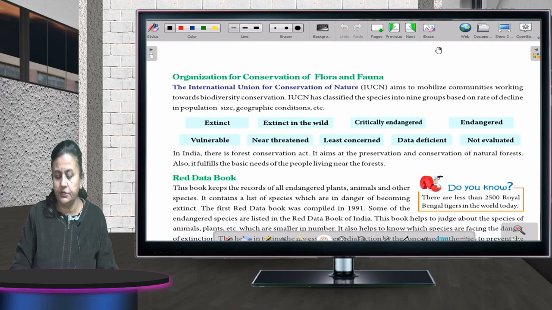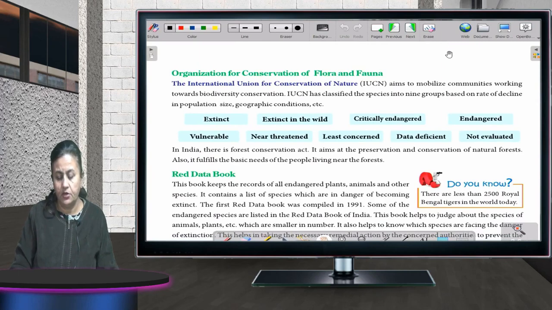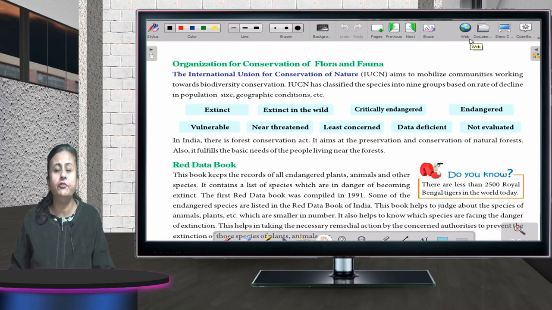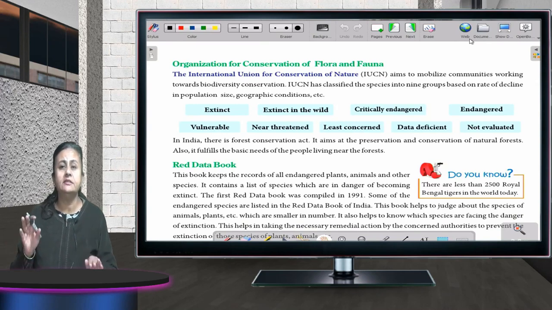Can you all see on your screens? Organization for Conservation of Flora and Fauna. The plants and animals have to be protected. Otherwise, there would be a disbalance in the ecological cycle, a disbalance in nature.